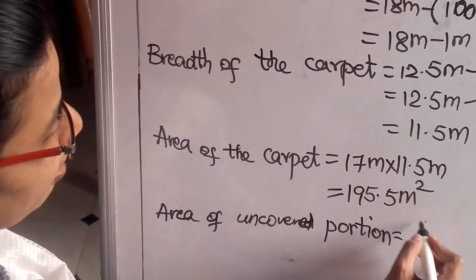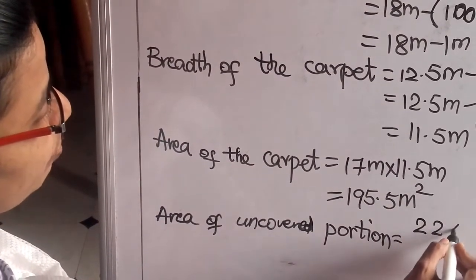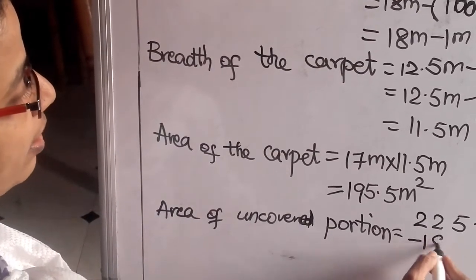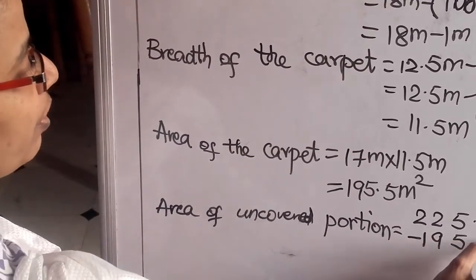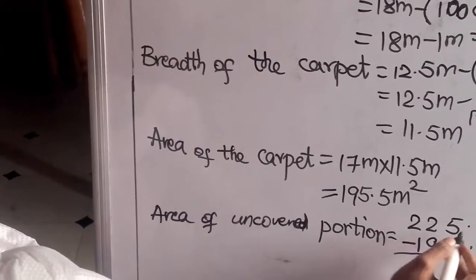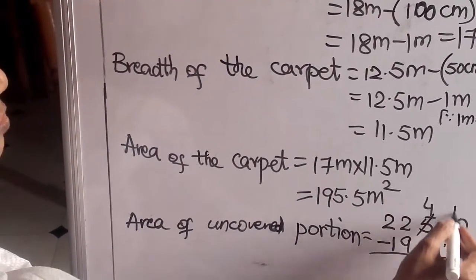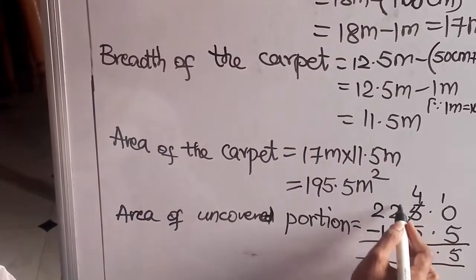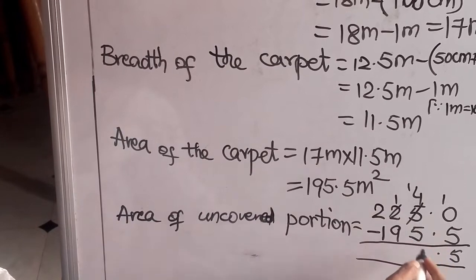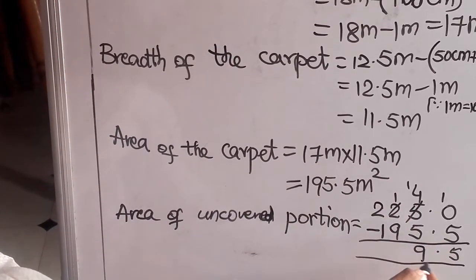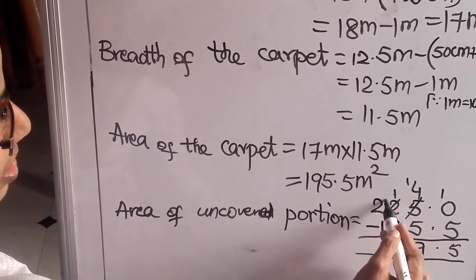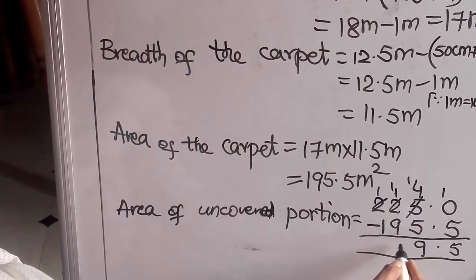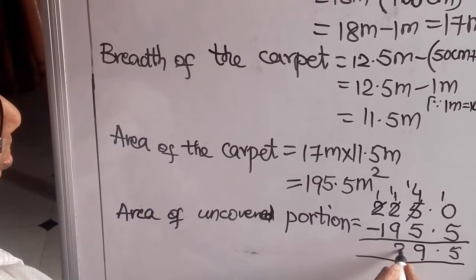So here you have 225.0 minus 195.5. This subtraction we should do. Here this becomes 4. 10 minus 5 is 5. 4 minus 5 we can't do, so this becomes 14 minus 5 is 9. 1 minus 9 you can't do, so this becomes 1. 11 minus 9 is 2.